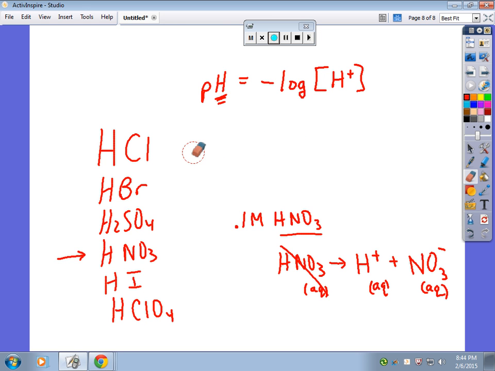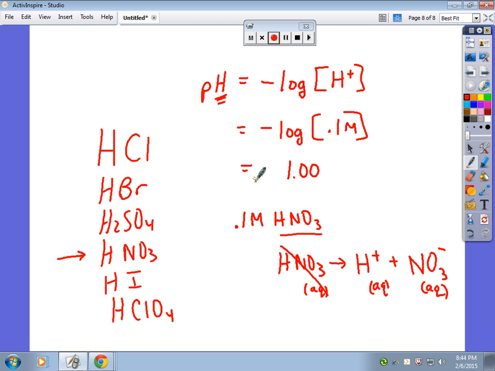They're telling us that I have a 0.1 molar solution of HNO3, which means that I'm going to take the negative log of my hydrogen ion concentration, which in this case is 0.1 molar. So when you press that on your calculator, you should get a pH of 1. Is that true?